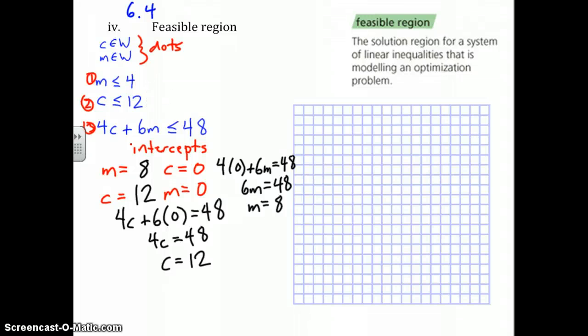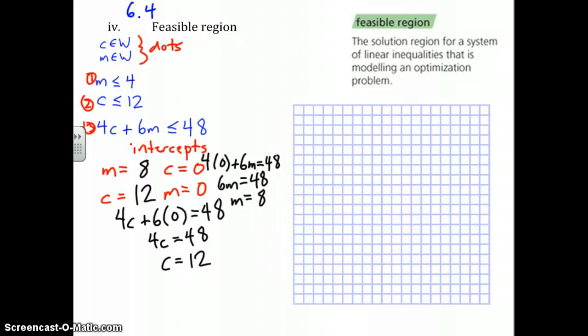So we can go to our graph now and actually put some information on it. I'm going to move this stuff over a bit so I have more room. I don't want to erase it quite yet, in case you need to double check it.